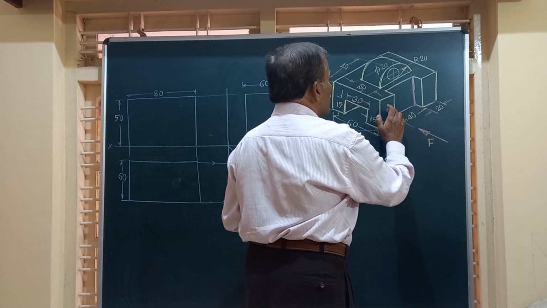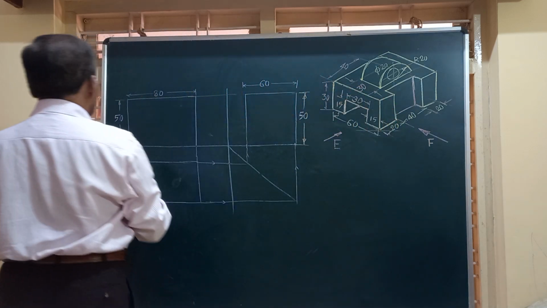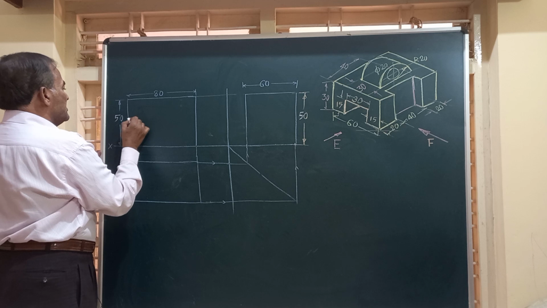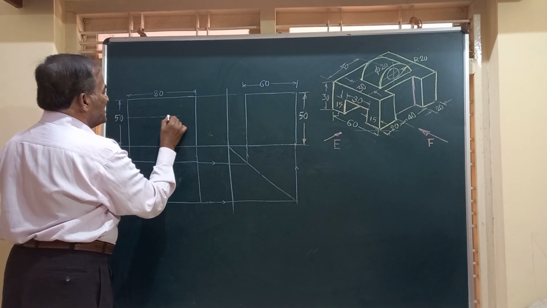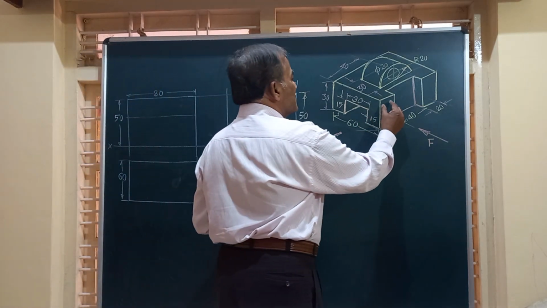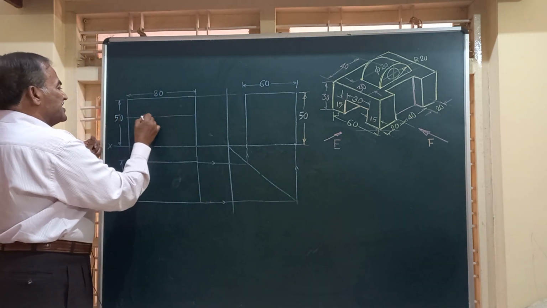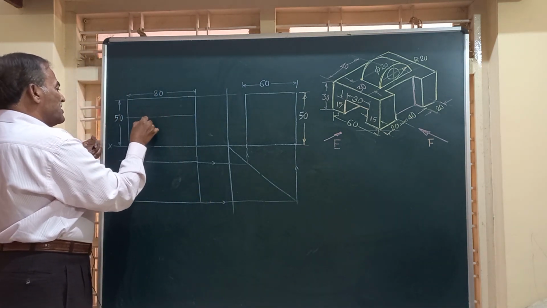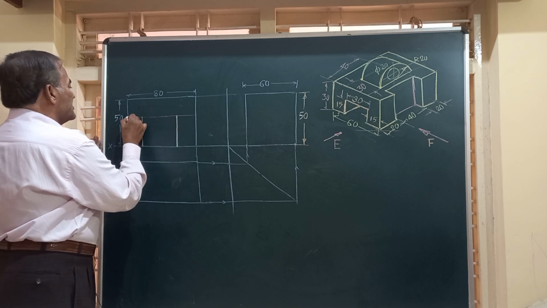So I am going to have this line at a height of 30 millimeter marked here. I am going to mark a thin line in the front view, and I am going to divide this in the ratio 20, 40, 20. So exactly from the center, this is going to be 20, this is 20 and this is 40.